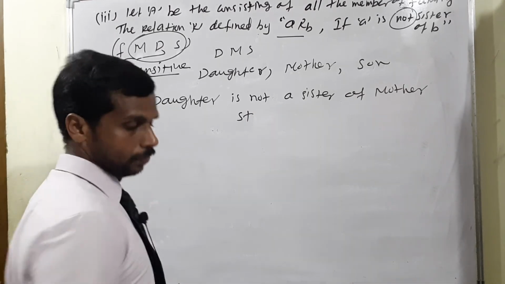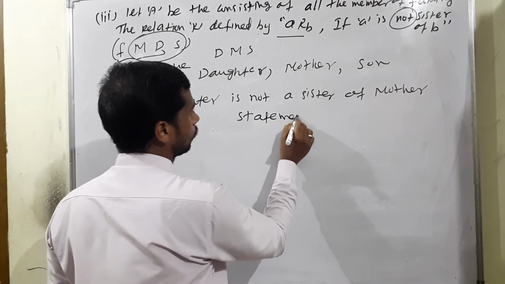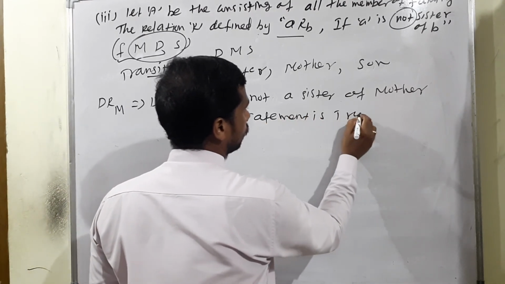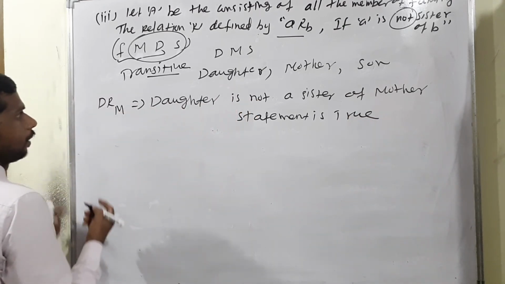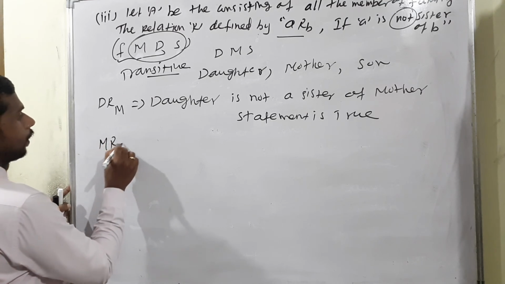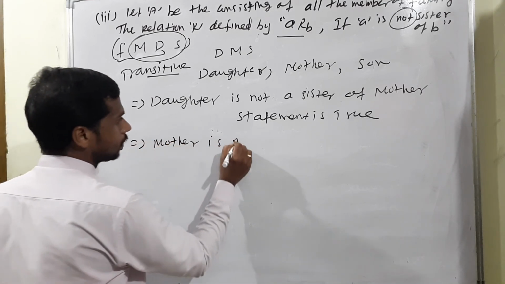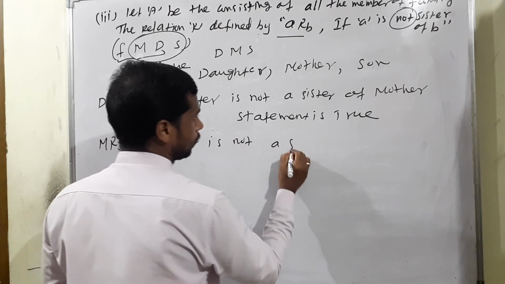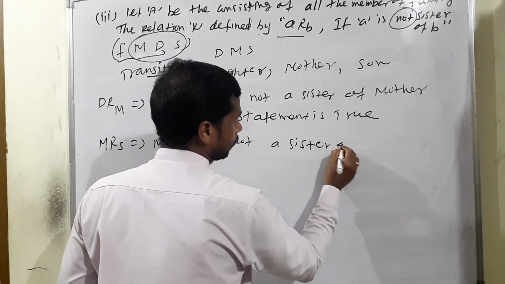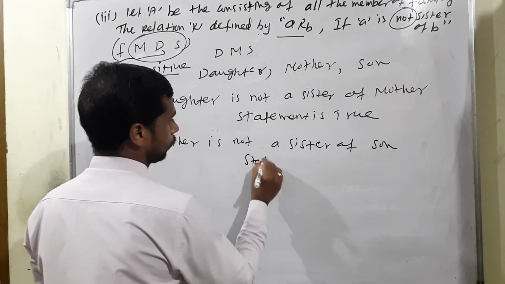The statement is true. Then at the same time comparing mother and son, so M related to S. Mother is not a sister of son. This statement is also true.